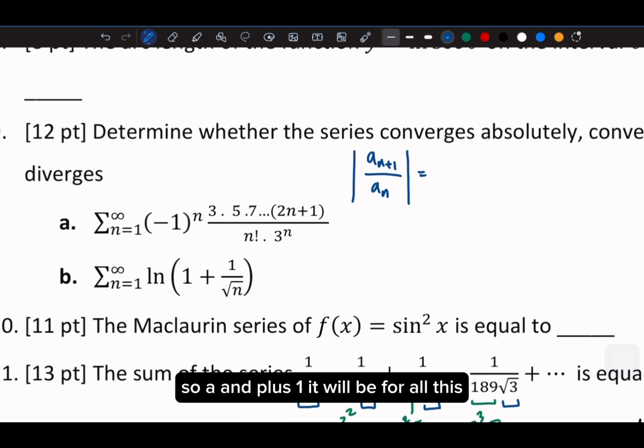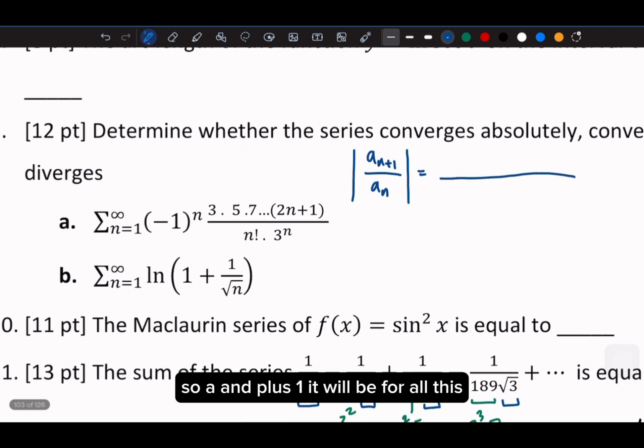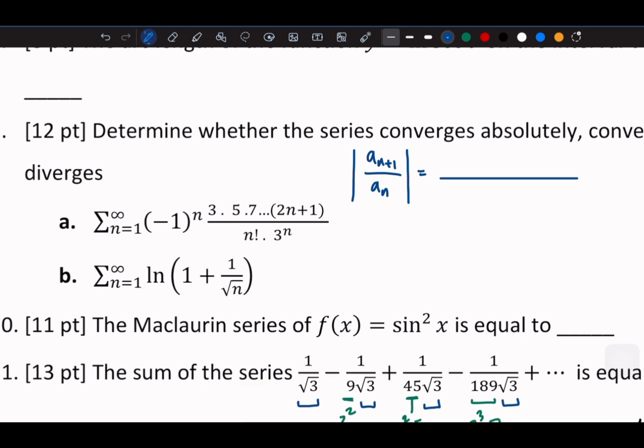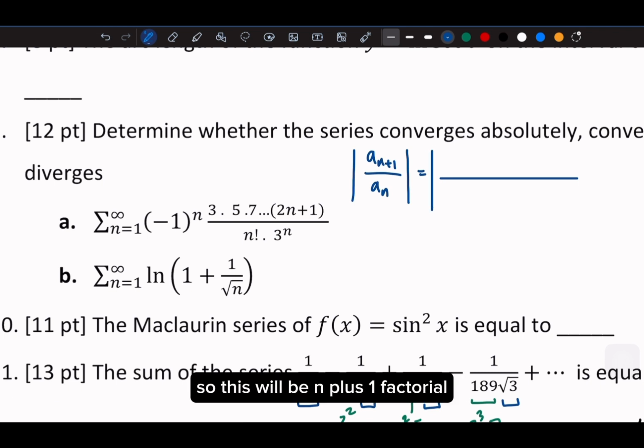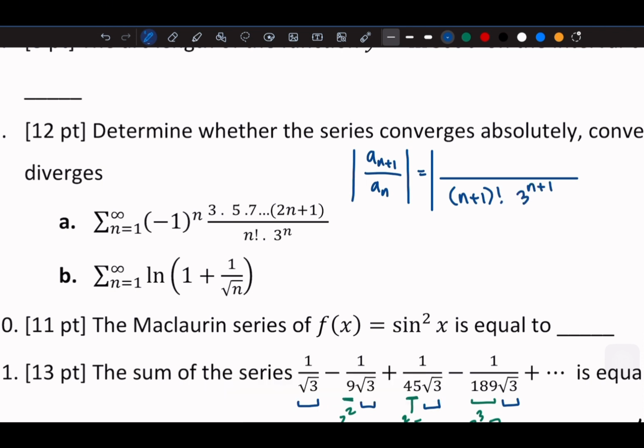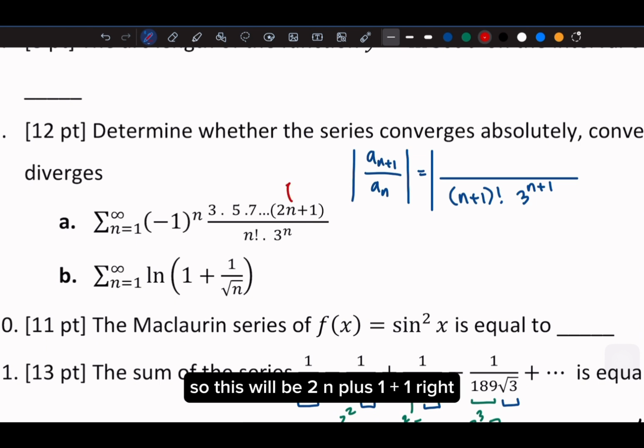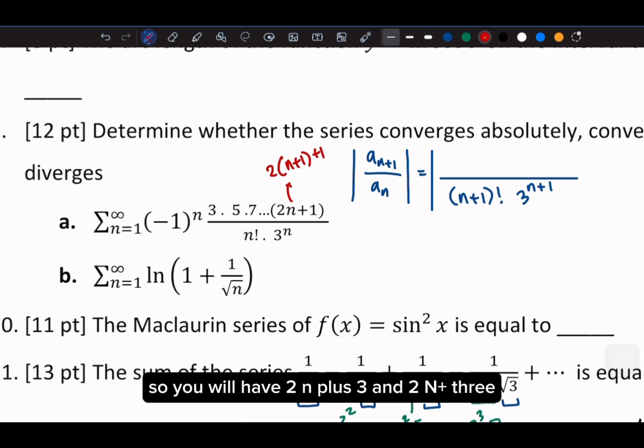So an plus 1, so let me draw this. So this will be n plus 1 factorial and then 3 with power of n plus 1. And when n is n plus 1, so this will be 2n plus 1 plus 1, right? So you will have 2n plus 3, okay, 2n plus 3.